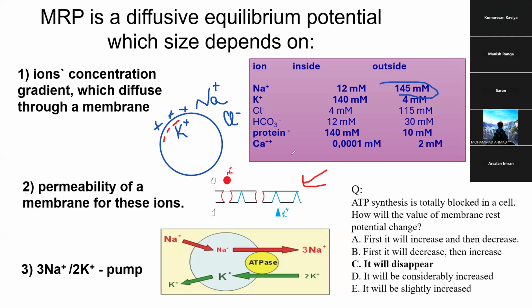Look, triangles and circles. Higher permeability you can see for potassium, not for sodium, but for potassium.